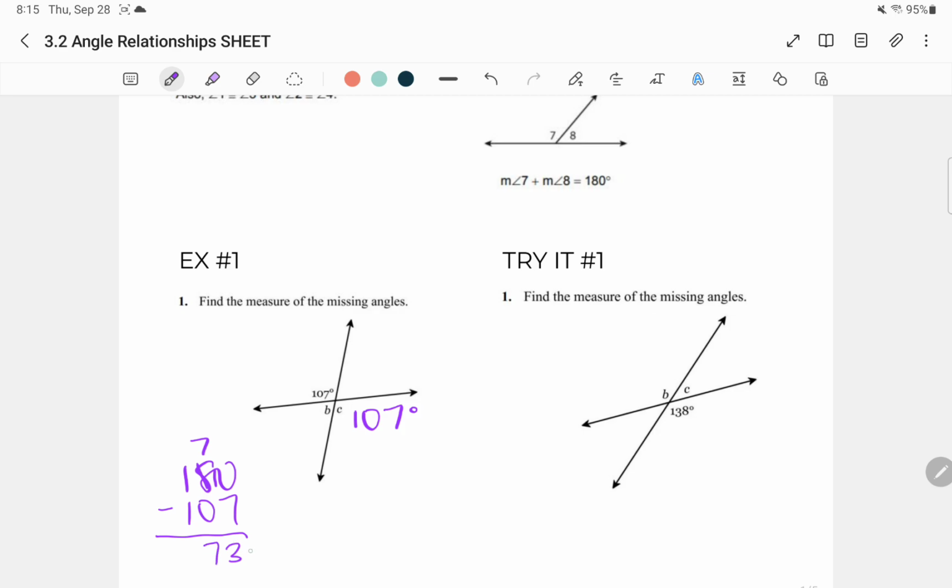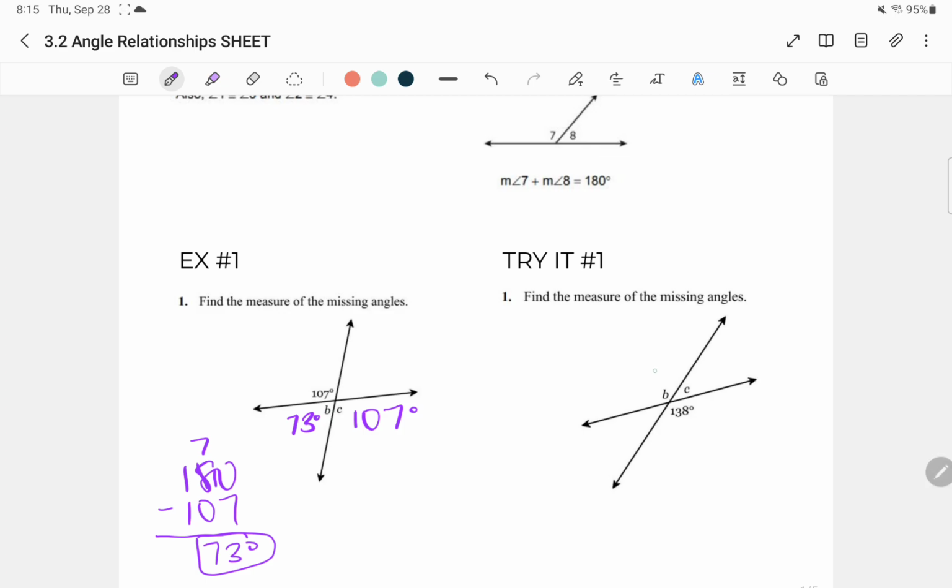So 73 degrees, or you can do some mental math there. Angle B is 73 degrees. So our vertical one is 107, and our linear pair, the one next to it or adjacent to it, is 73 degrees. Now go ahead and pause the video and try number 1.